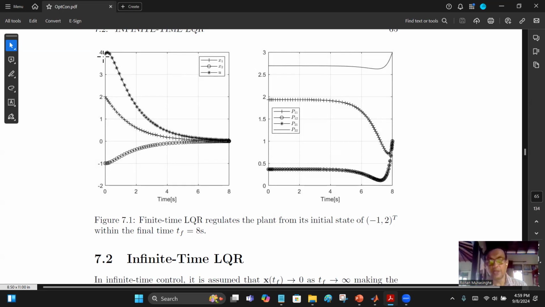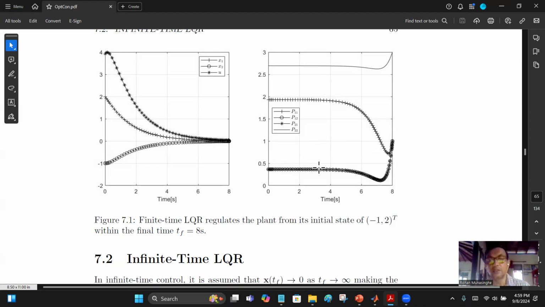So when this is happening, the P values, right, like P11 goes like this. This is where it starts. Eventually, it ends up somewhere here. And P12 and P21 are the bubbles and the stars, which is this one. They are on top of each other, two lines.